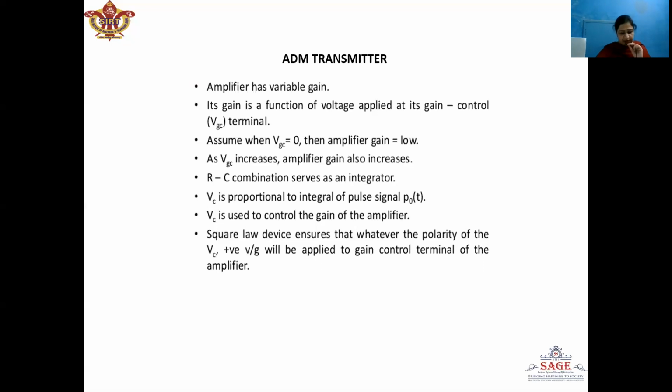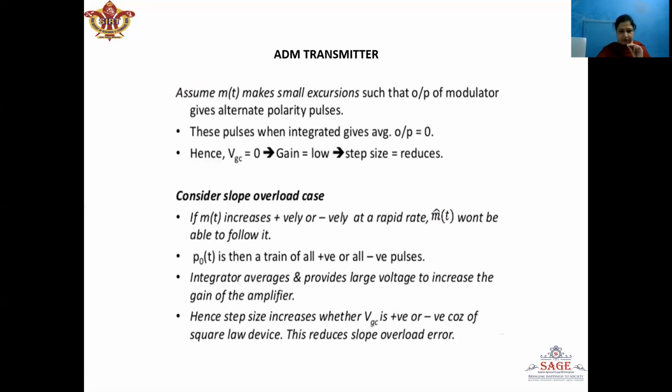The Po(t), which is the output signal, will consist of alternate polarity pulses. These pulses, when integrated, yield an average output of almost zero. The gain control input is zero and hence the gain is low. The gain decreases and thus the step size will also be reduced.